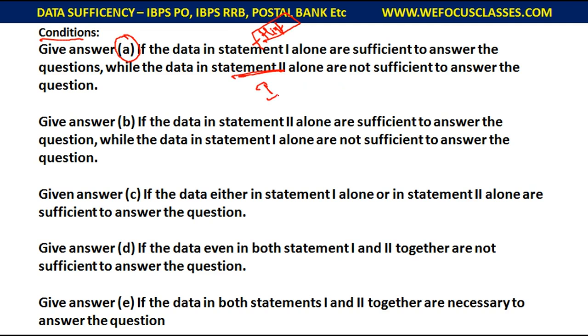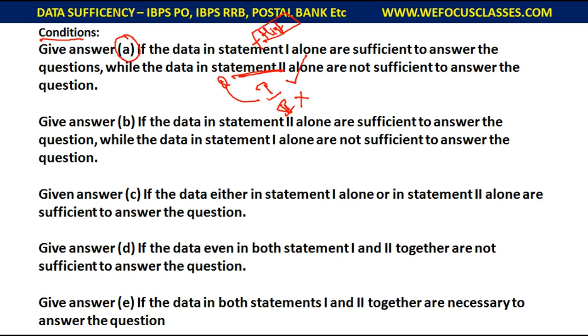Means you take the first hint and go to the problem, mix both of them, question and first hint. If you can solve the problem, we feel that our job is done. But here our job is not done. Even if you get the answer, you need to go for the second statement. And you should confirm that by using the second statement, you cannot solve the problem.